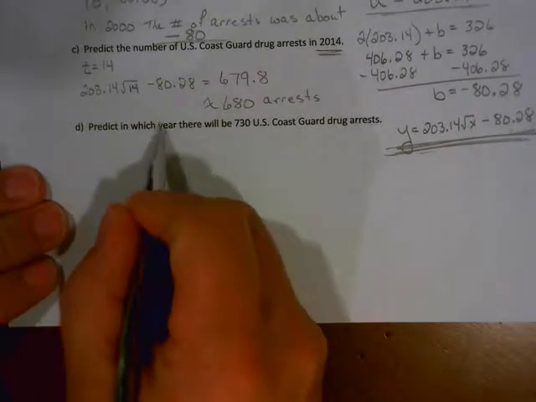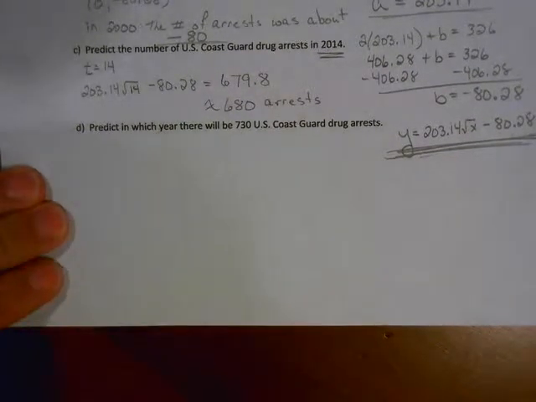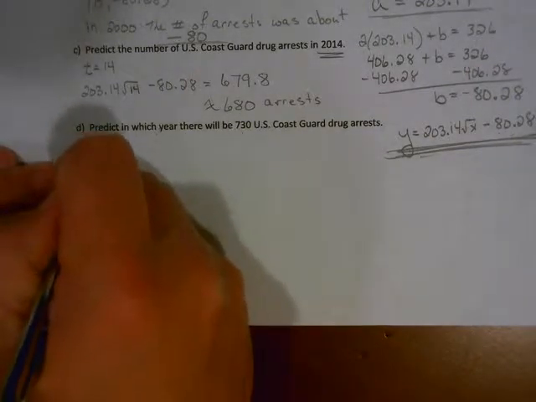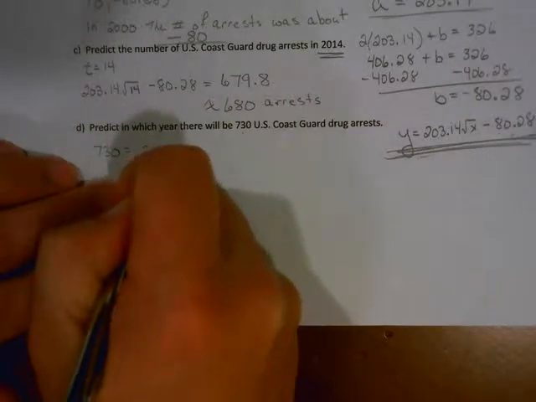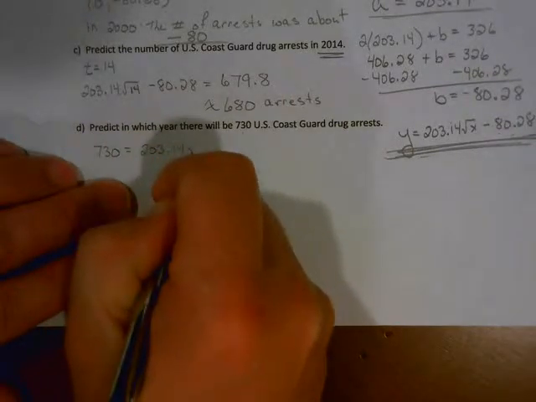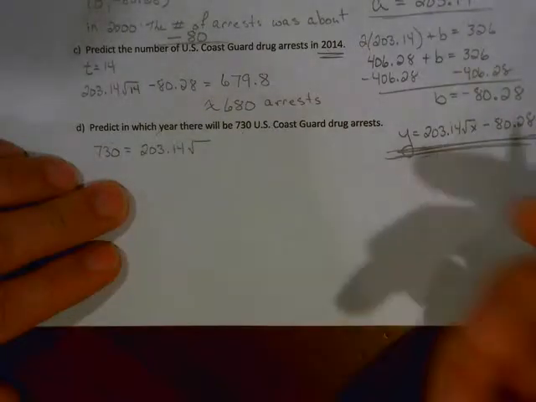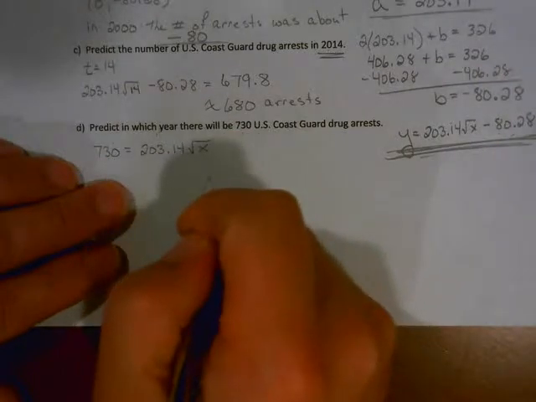Now predict which year, so now we're looking for t, when there are 730 drug arrests. So that's really what our y is. Now we're trying to solve this: 730 equals 203.14 square root of x.